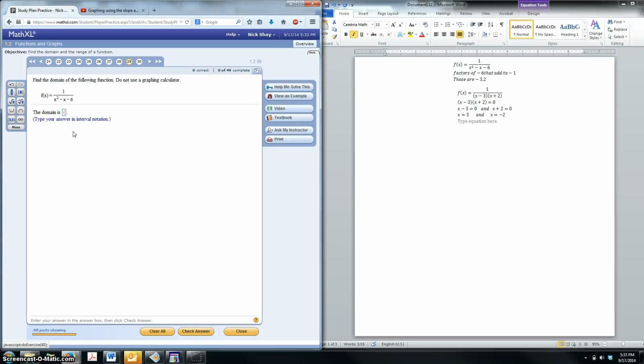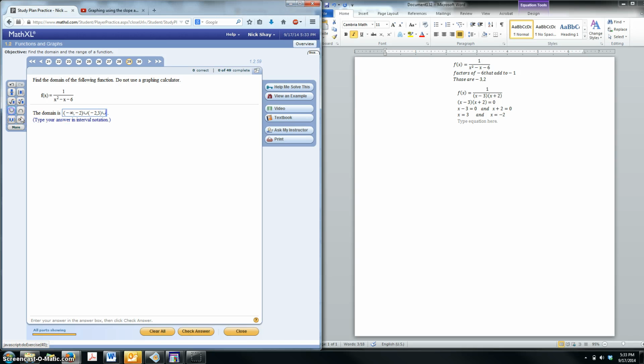So x can be anything from negative infinity all the way up to the first value we have to leave out on the number line, which is negative 2, right? And then I need to put a union here to let myself know that I have another piece. I can also have everything between negative 2 and positive 3, right?